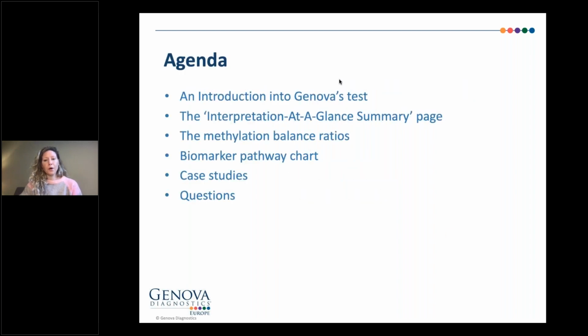So, following on from our previous instalment of the series, today's aim is to go over Genova's methylation panel and its structure, as well as presenting two case studies so that you go away with a deeper understanding of the value of the markers we test on the panel, and of course feel more confident in using it with your patients and clients.